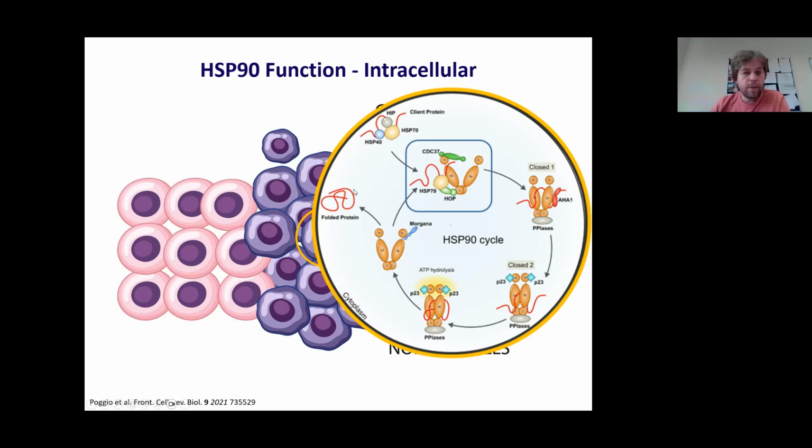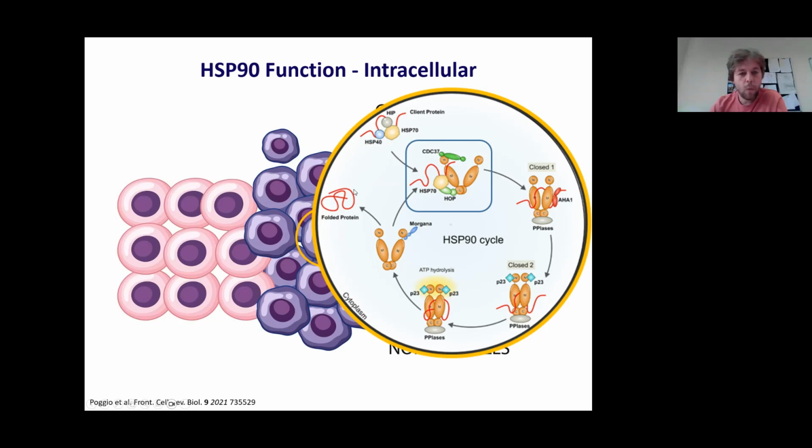Now, due to that fact, there's been a lot of effort put into generating HSP90 inhibitors for cancer drug discovery, and here are three shown here, but there are many others. And whilst these compounds tend to perform quite well in the early phases of drug discovery, they have a tendency to fall out later on in the drug discovery pipeline, the early clinical trial phases.